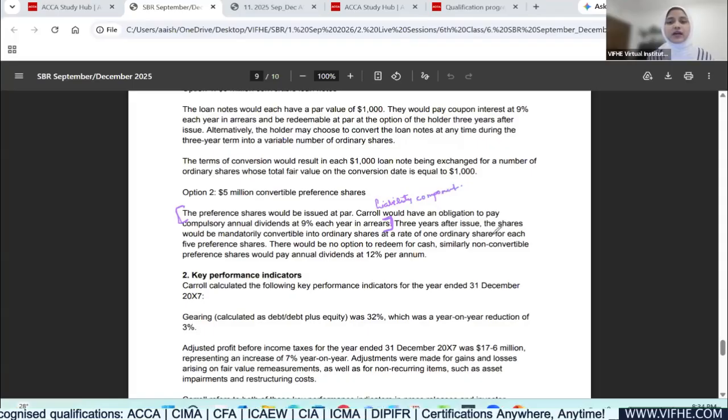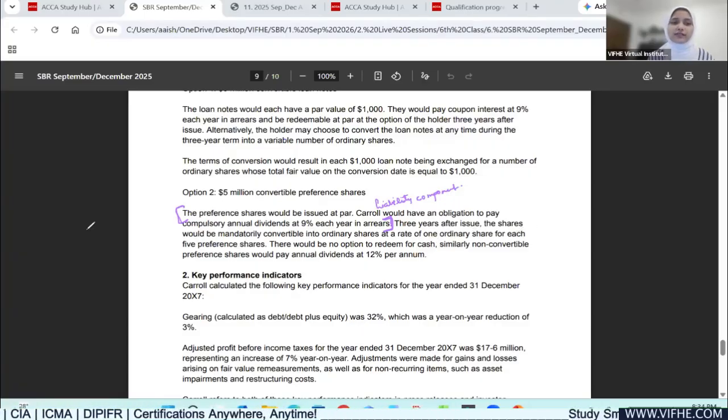Okay, then 3 years after issue, the shares would be mandatorily convertible into ordinary shares at a rate of 1 ordinary share for each 5 preference shares. Look at this.